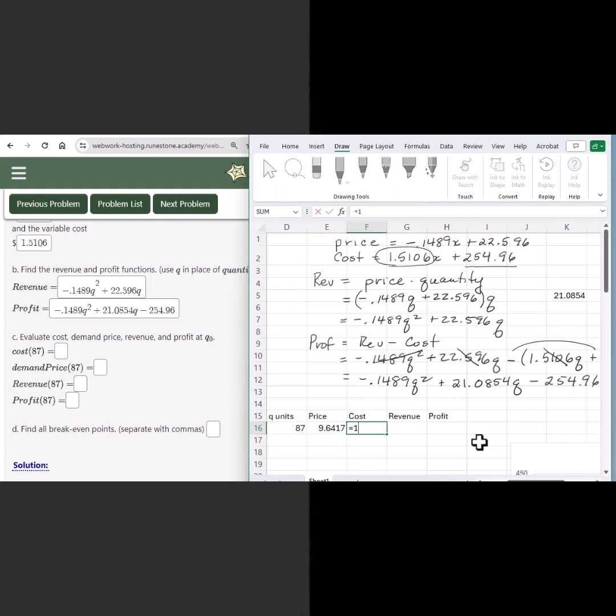Cost, 1.5106 times the units plus 254.96. Okay, then revenue is price times units. And profit is equal to revenue take away cost.